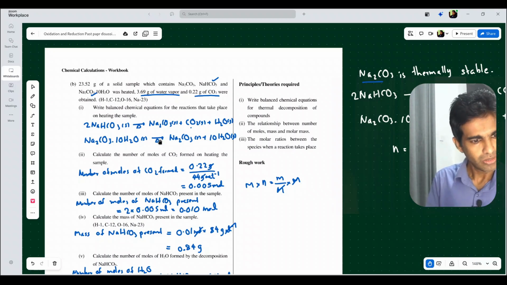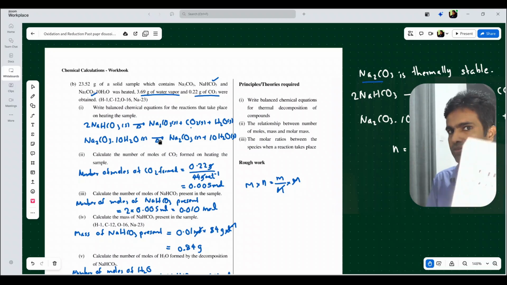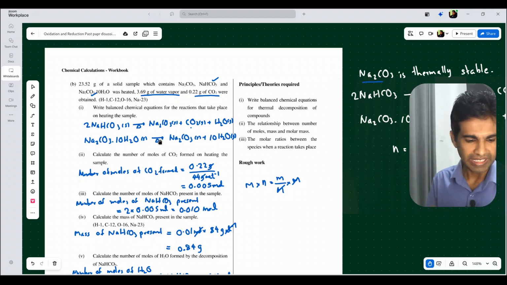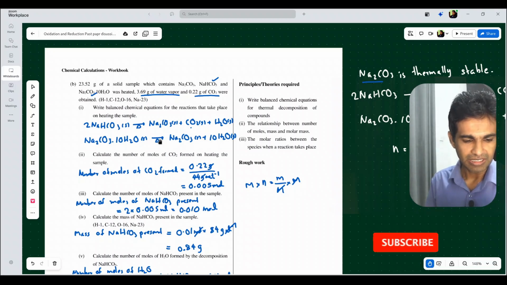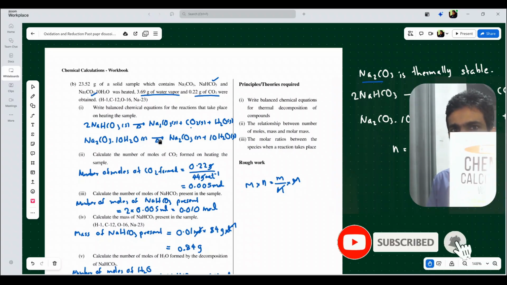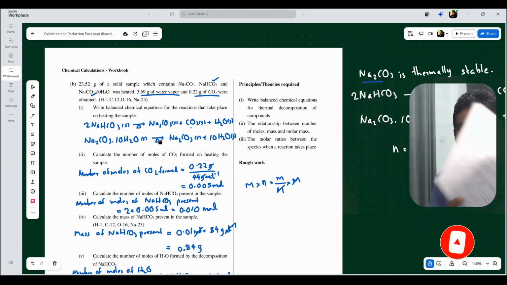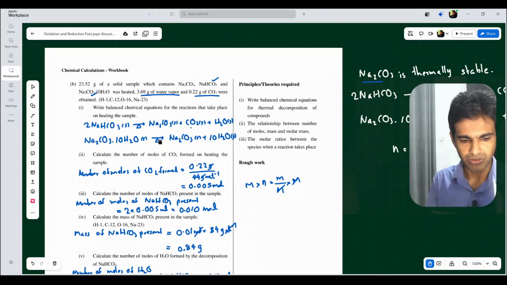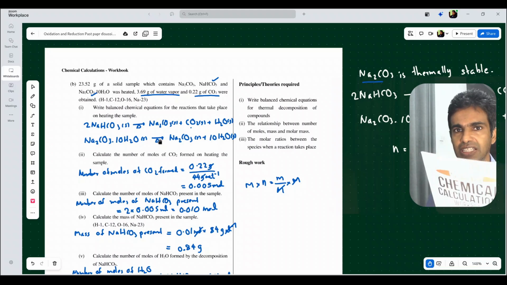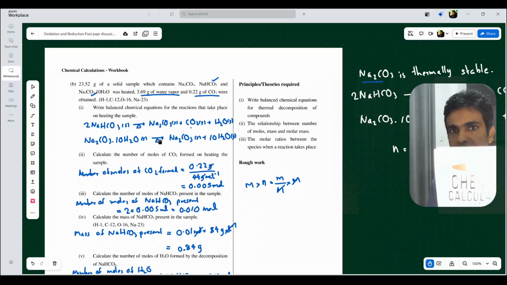There are 25 structured essay type questions in this workbook, and additionally there are 50 bonus MCQs, and descriptive answers are given for those 50 MCQs in that book. So if you are struggling with chemical calculations, this is the book that you should refer.